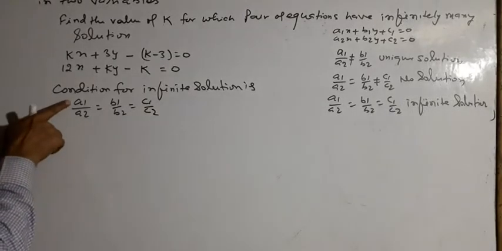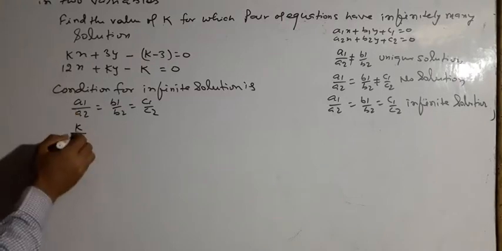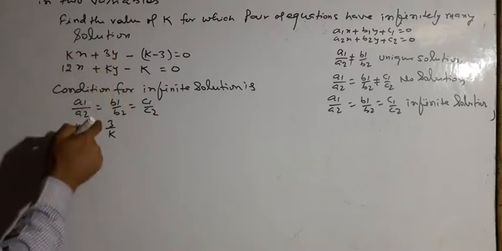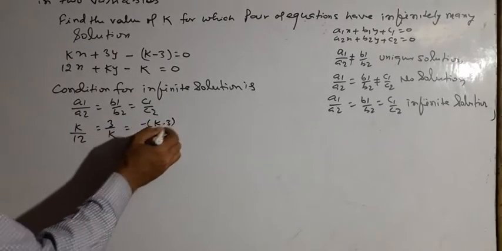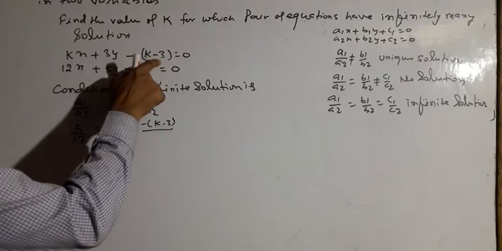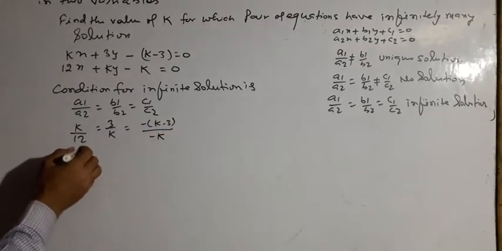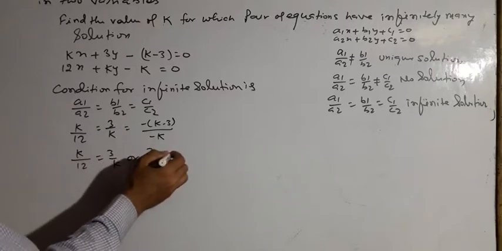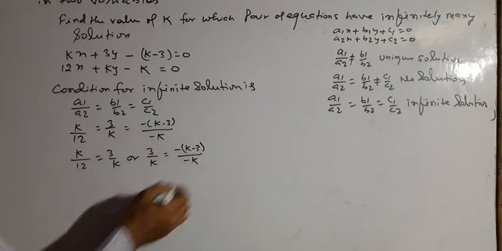Put the values of a1, a2. a1 means k, a2 means 12, b1 means 3, b2 means k, the coefficient of y. c1, c2: minus k minus 3, look carefully, minus k minus 3, and c2 minus k. So k by 12 equal to 3 by k, and 3 by k equal to minus (k minus 3) by minus k.